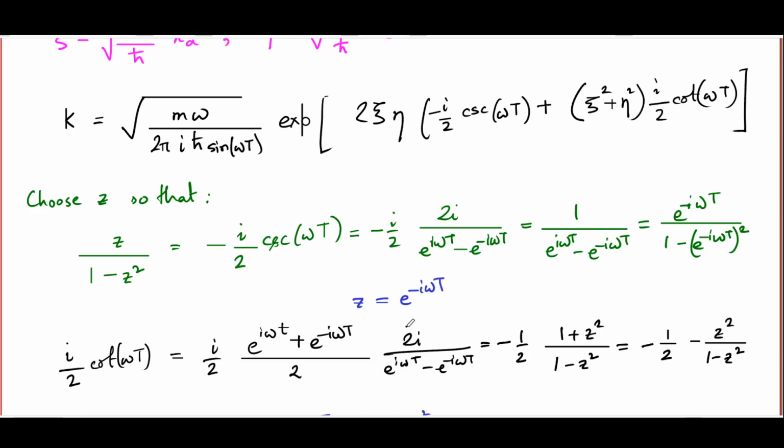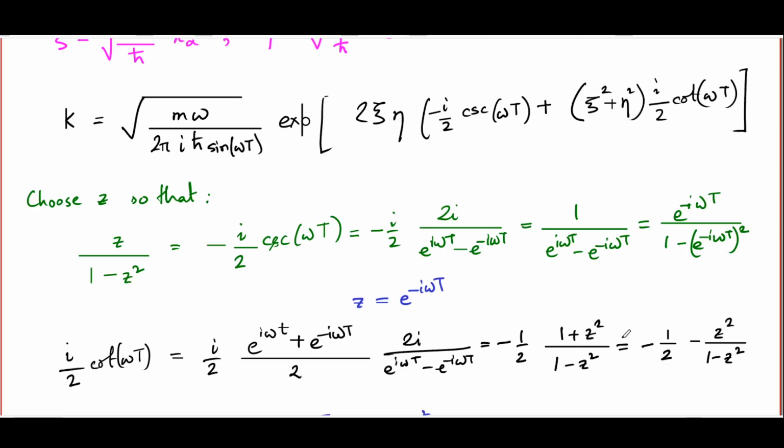And if you cancel out the factors, these two 2's cancel out, one 2 remains. The two i's multiplied together give you a minus 1. And if you multiply through by e to the minus i omega t on both the numerator and the denominator, you are going to get 1 plus e to the minus i twice omega t by 1 minus e to the minus i twice omega t.